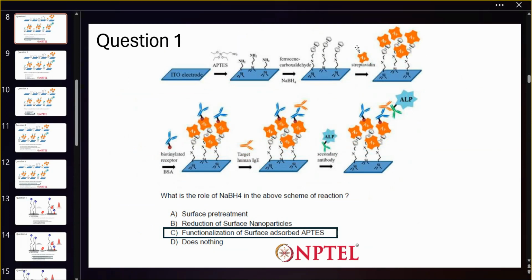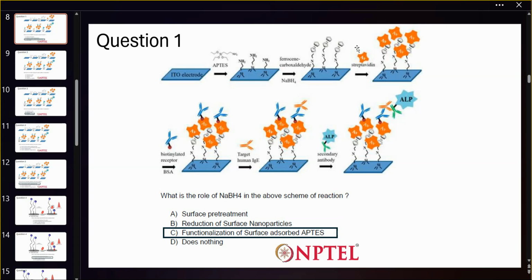So you have an indium tin oxide substrate. You are activating the substrate. You are getting your desired polar groups by using aptase. So you are just increasing the surface activity of the electrode surface using aptase.